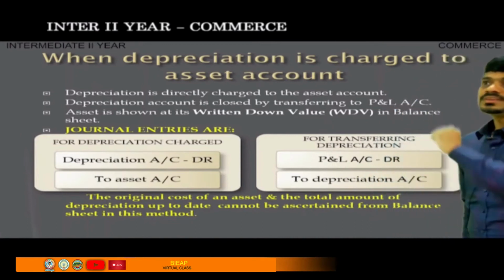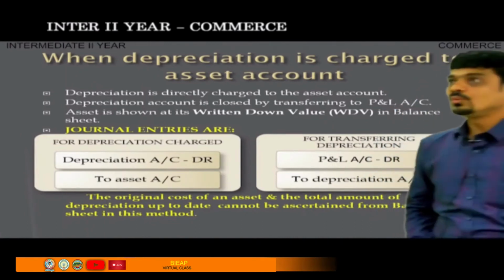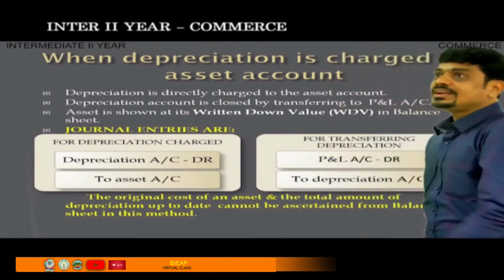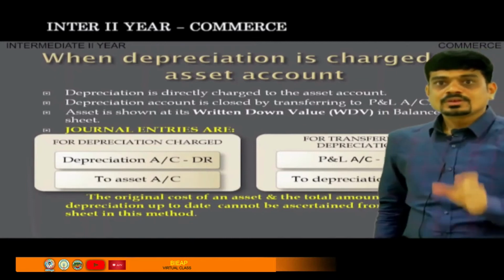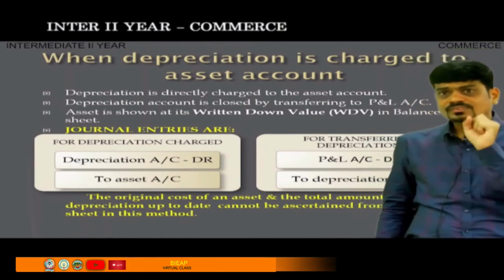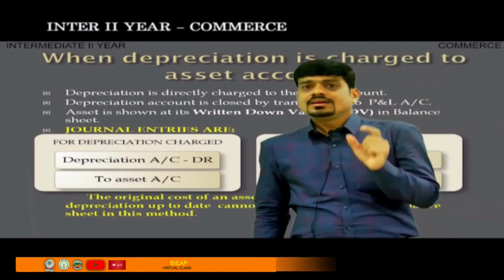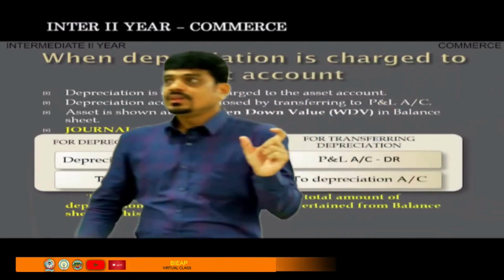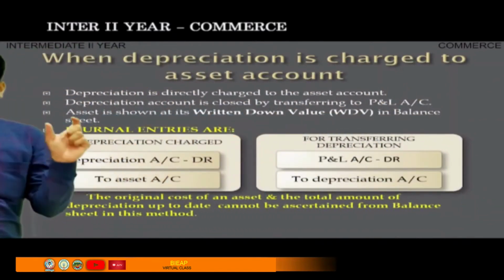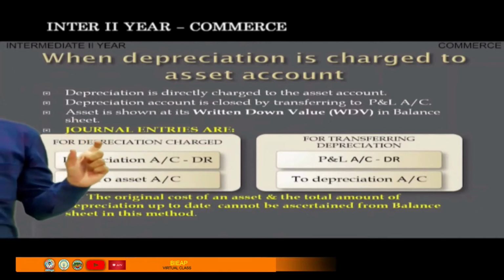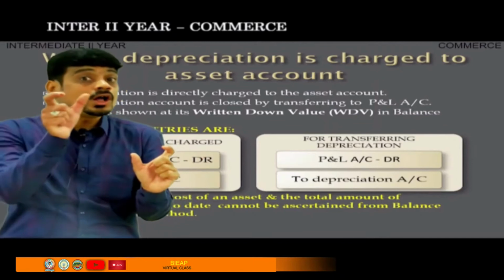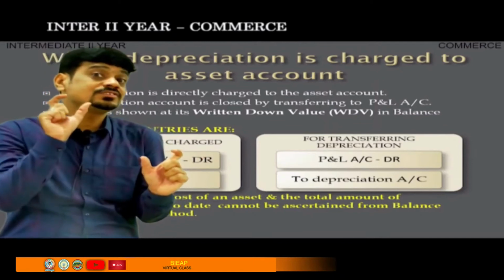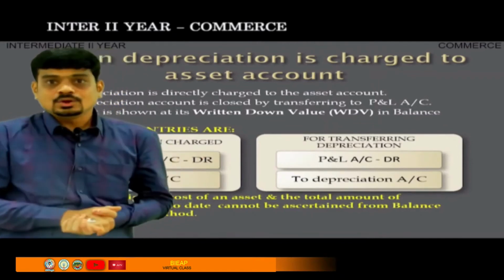Now coming to the second entry. The second entry is to transfer the depreciation. We know the rule that at the end of every accounting period, we need to transfer all the nominal account balances to the profit and loss account.